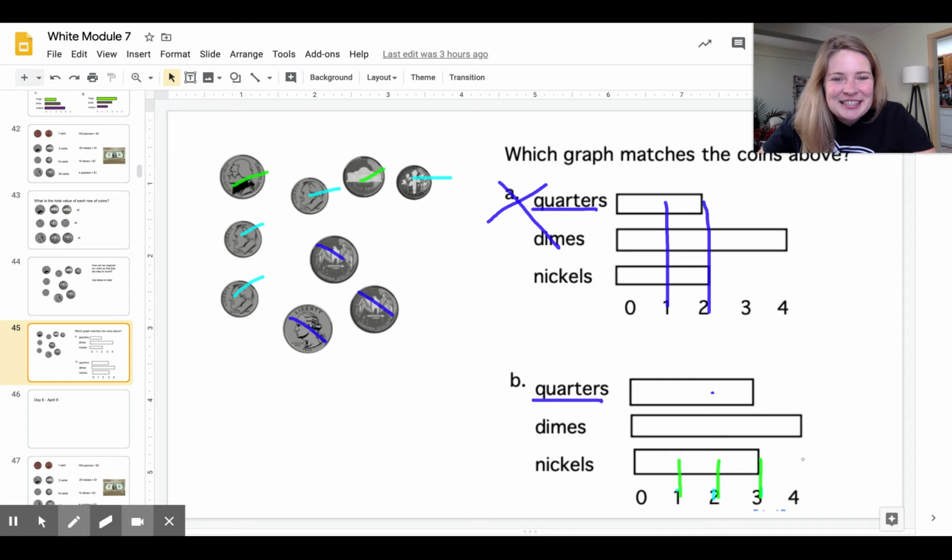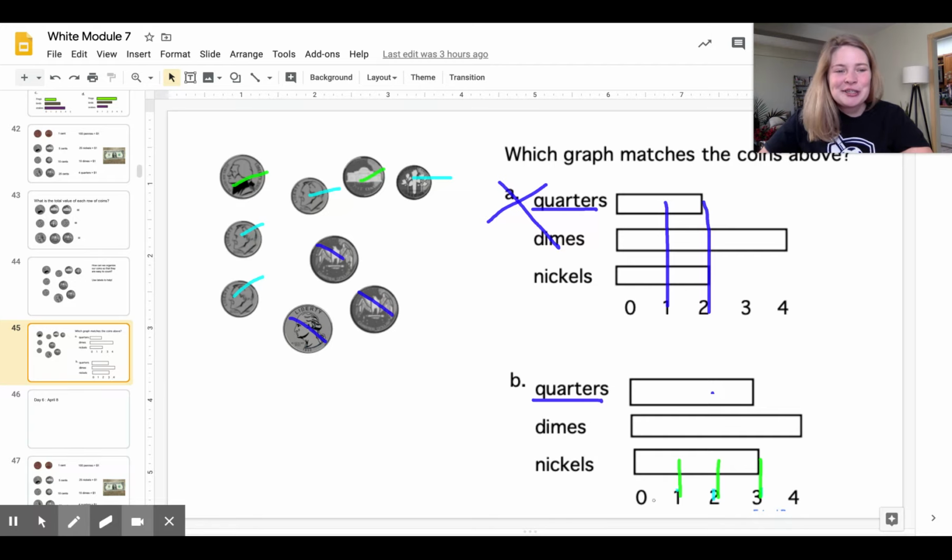Here is my challenge for you today. So sneaky, Miss White. Will you fix this graph to make sure that it has the same number of nickels that we have over here? Once you do that, go ahead and take a picture of it and send it to me or your homeroom teacher, okay?